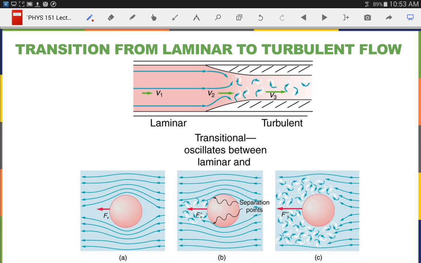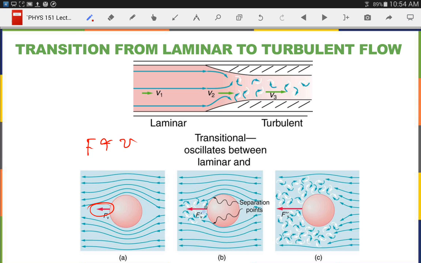All right. Last couple things. How do we know if the transition is going to occur and what difference does it make? The take home from this lower picture is this force. If it's a laminar flow, you have a force due to the viscosity that's drag, and that's going to follow the Stokes equation, which we learned a month ago, that the force is proportional to the speed.